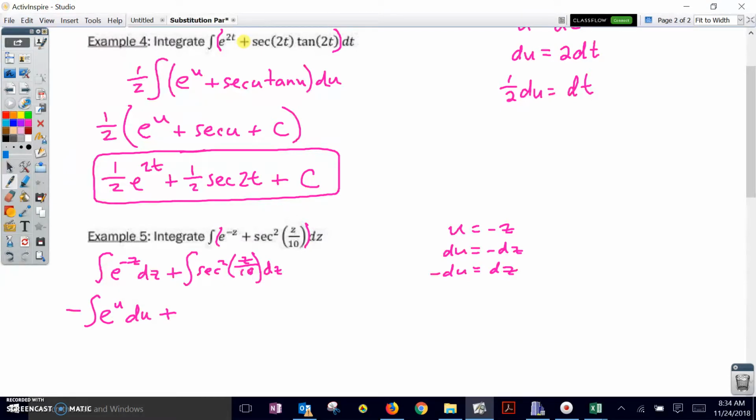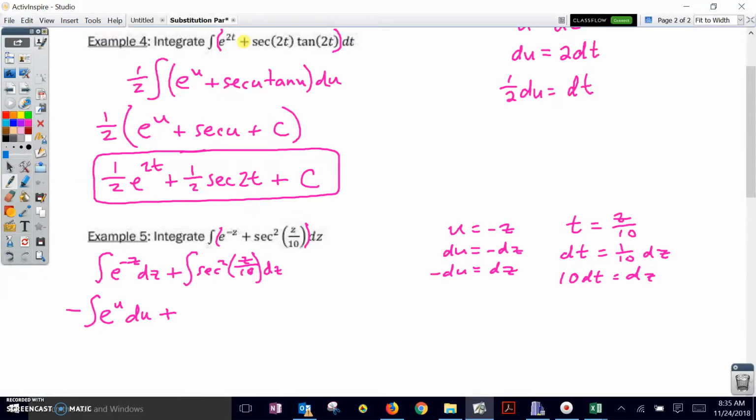And for the second integral, I'm going to use a different letter. Instead of u, I'll use t, since t's on my mind from the previous example. So dt is equal to 1/10 dz. So 10 dt is going to be what replaces our single dz.